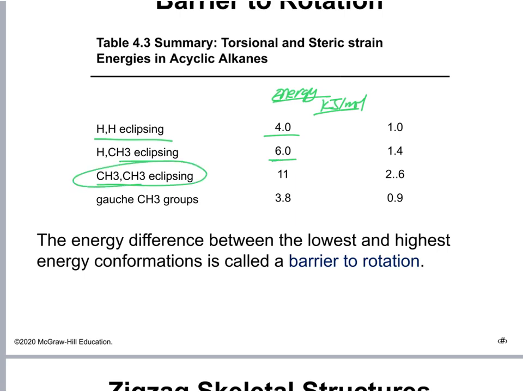Now what if you have CH3 and CH3 eclipse? 11. So it gets to the point where sometimes these energy differences are so high that you're not going to see that free rotation, because it's not going to go through this eclipsing. But this is not a serious barrier to rotation. So these butanes will rotate into these different conformations at room temperature. You can always increase the temperature and you get more free rotation.